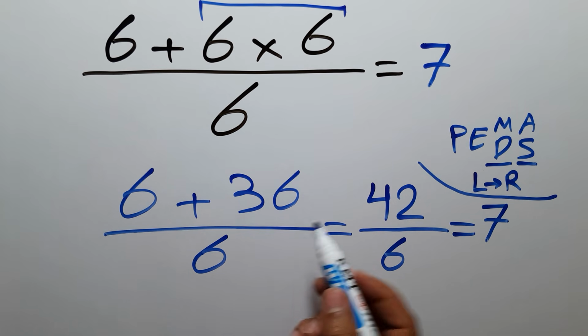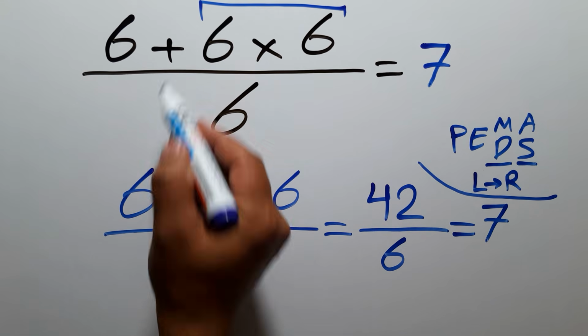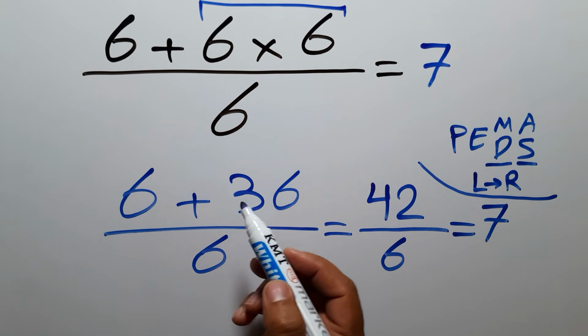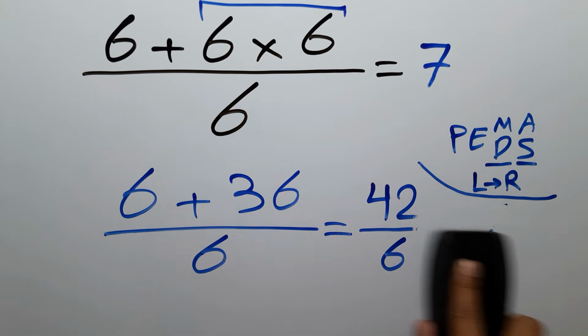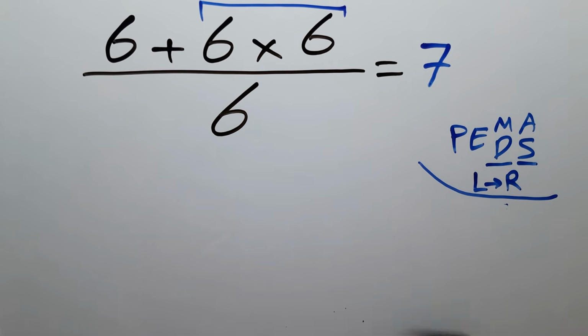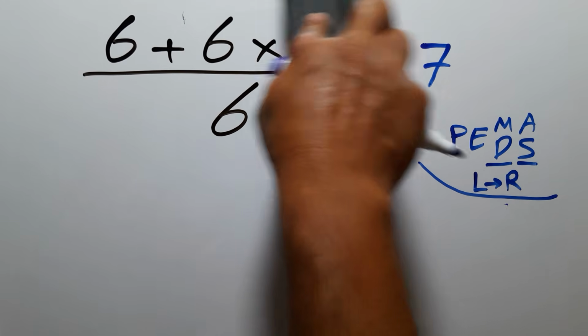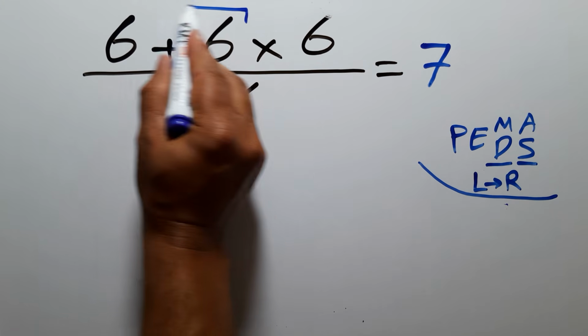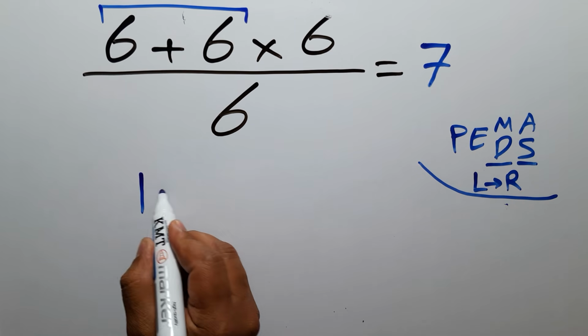But if you don't follow this rule and first do this addition, then this multiplication, you'll get the wrong answer. Like this. First, this addition. 6 plus 6 gives us 12.